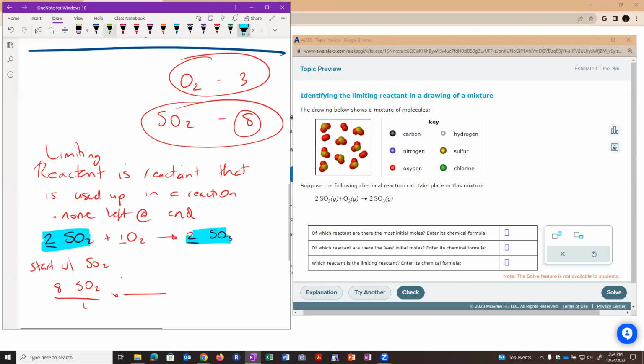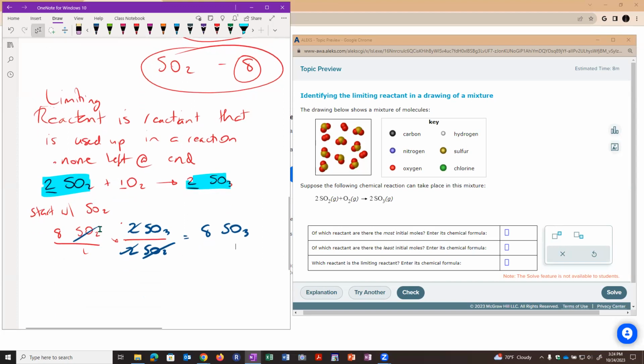So that's our mole to mole ratio. We can say 2 moles of SO2 produces 2 moles of SO3. Obviously here, the SO2 cancels out, the 2 cancels out here, we get a 1-to-1 ratio. This gives the same number, 8 moles of SO3. So if I used up all of the SO2, I should get 8 moles of the SO3.